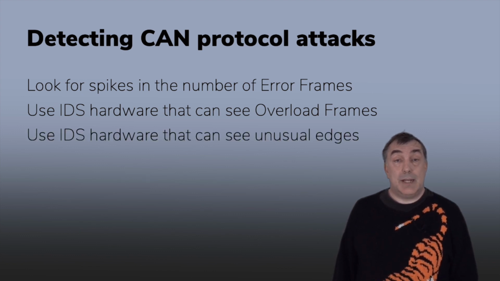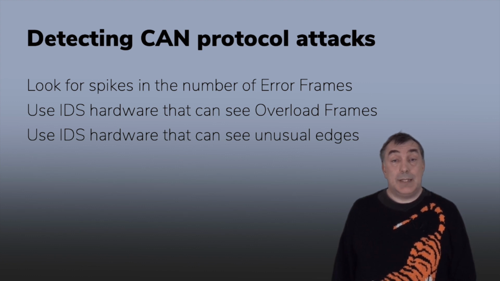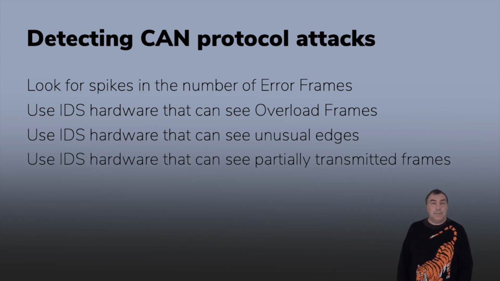Protocol attacks that target a specific frame will normally wait until the frame ID has been seen, before generating errors. If the hardware can indicate what the ID was before the frame was destroyed, then this can be used to spot a pattern of errors that target a specific device. That's the kind of things we can do to detect CAN protocol attacks. Canis Labs has developed silicon to do just this, and much more.